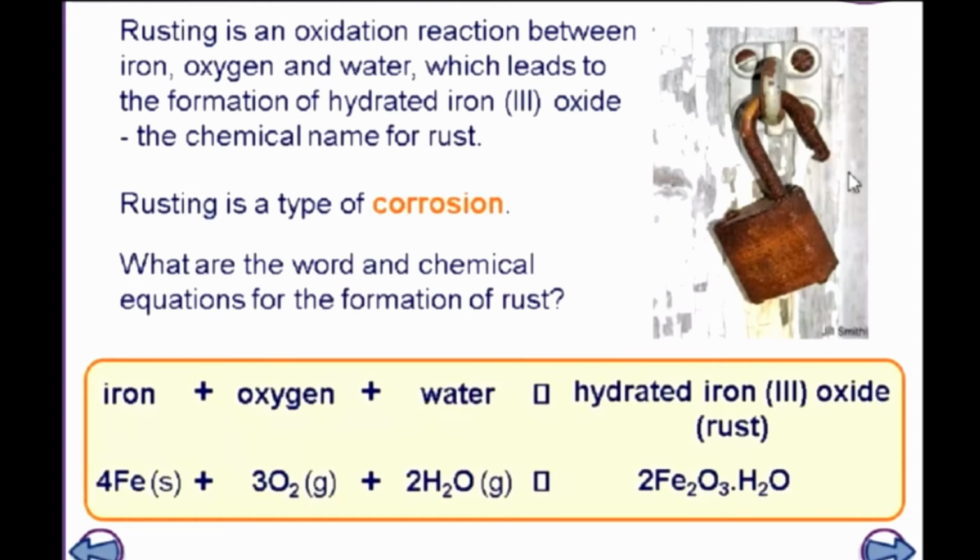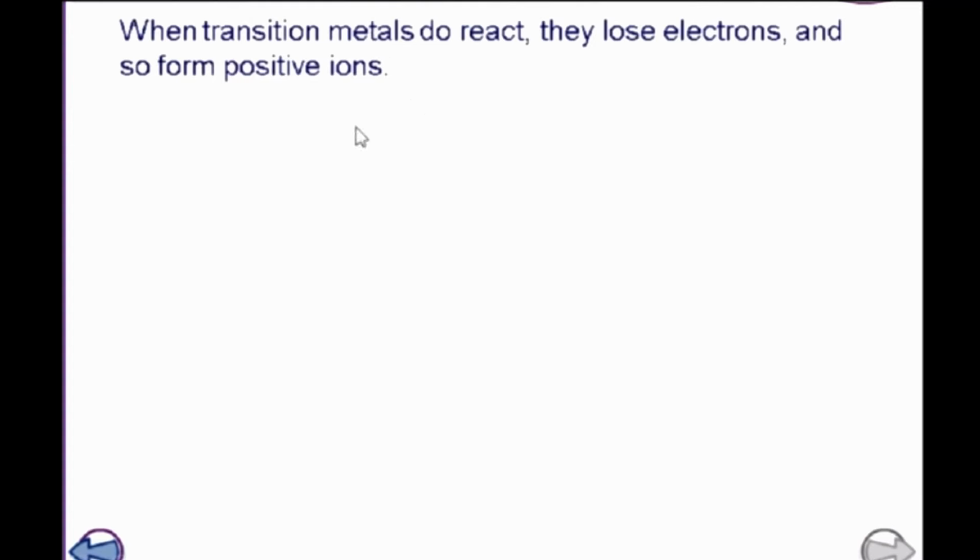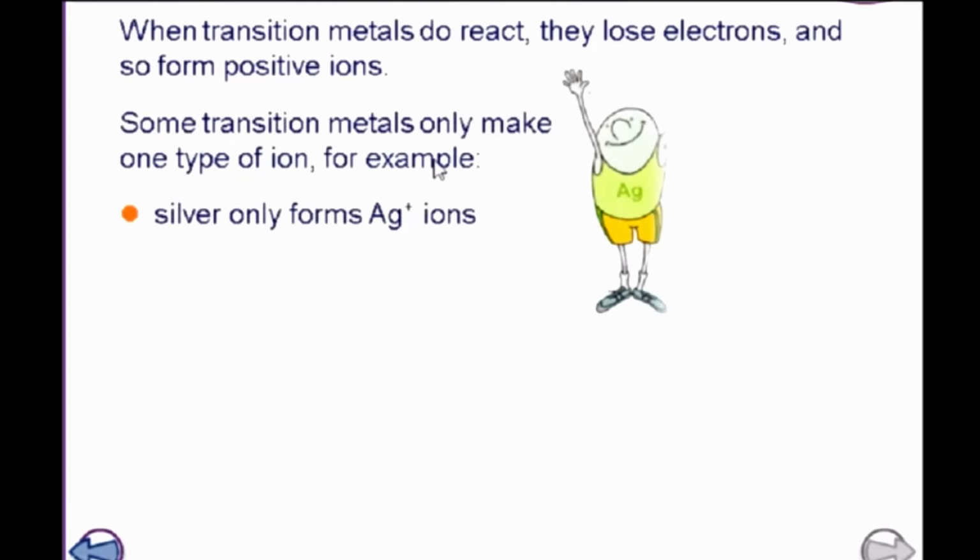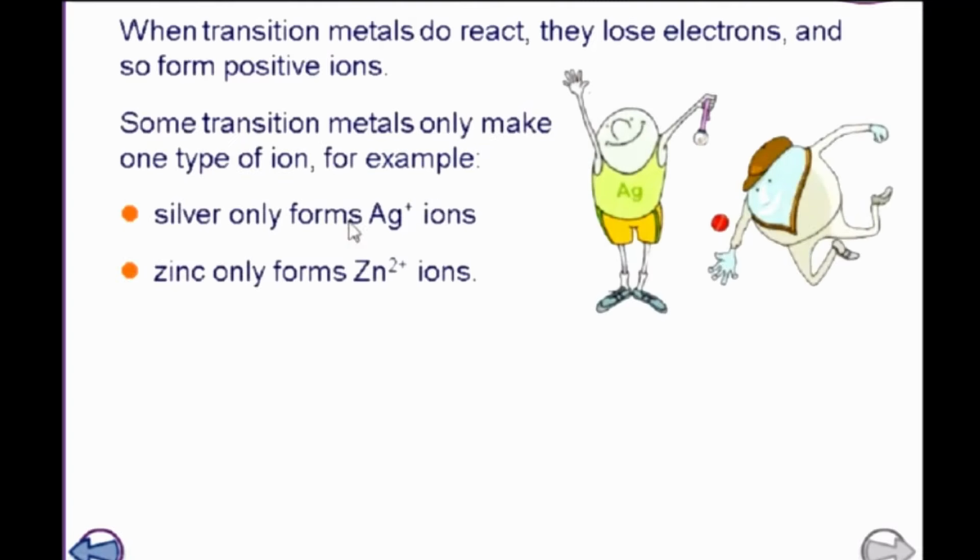When transition metals react, they lose electrons and form positive ions. So we all know metals will lose electrons and form positive ions. Some transition metals only make one type of ion. For example, silver will make only one type of ion, Ag+.